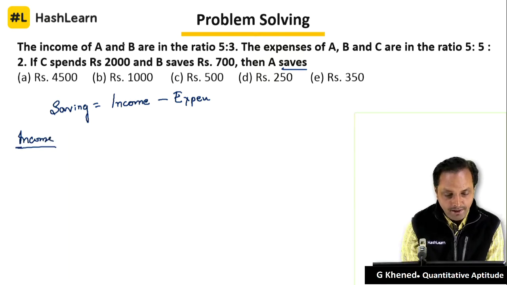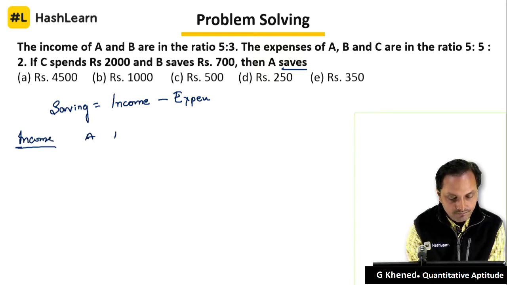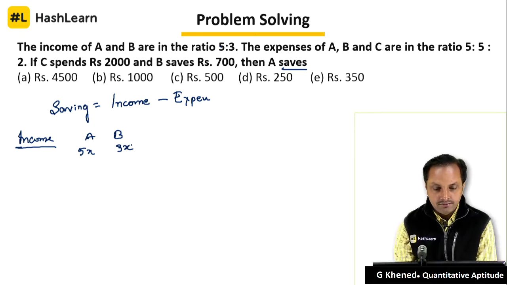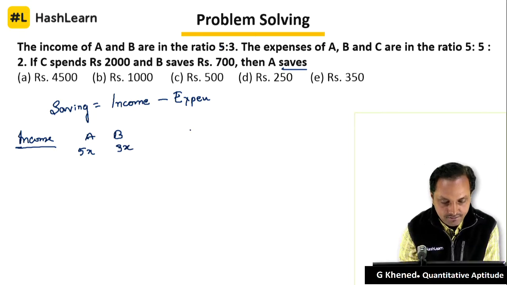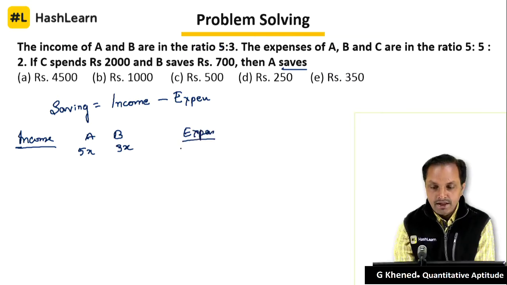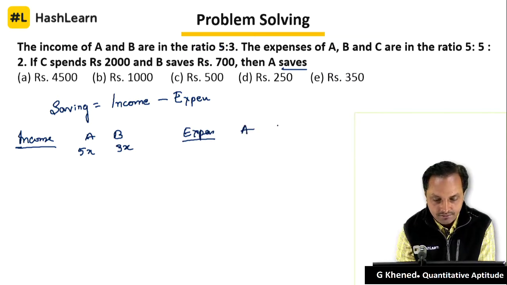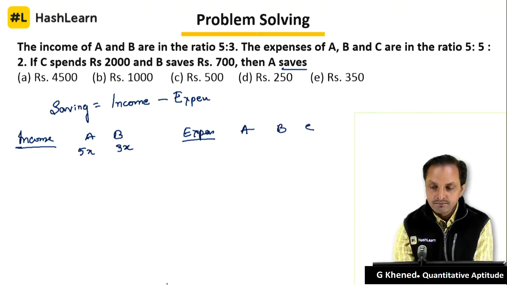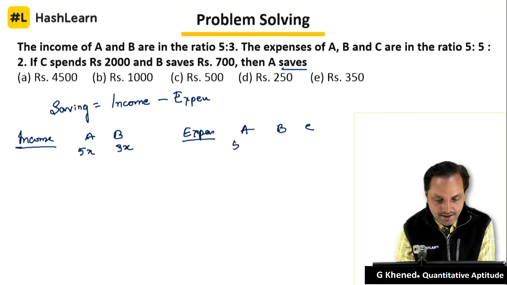The incomes of A and B are in the ratio 5:3. So, I can write this as 5x and this as 3x. And what is your expense? The expenses of A, B, C are in the ratio. I will take this as 5y and 2y.